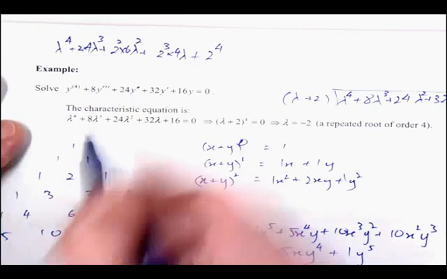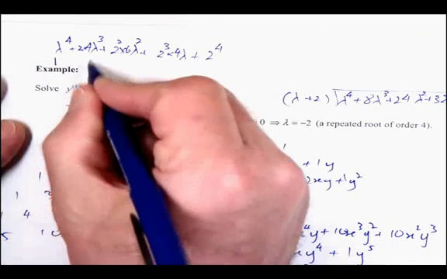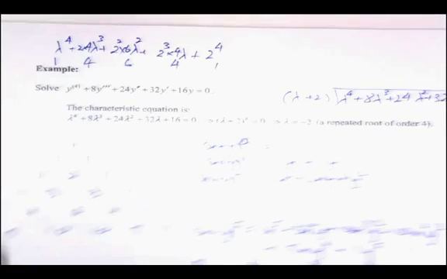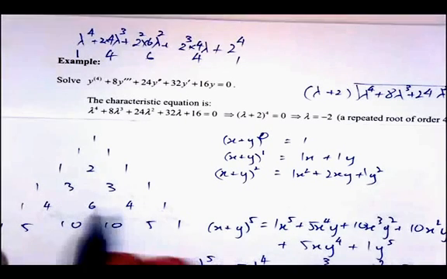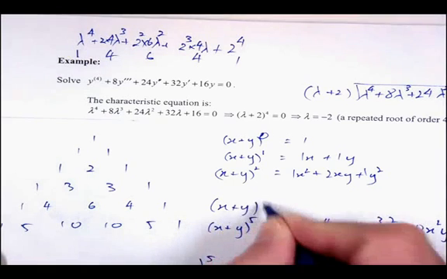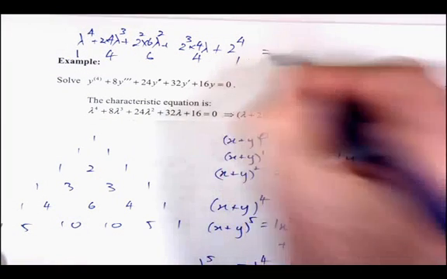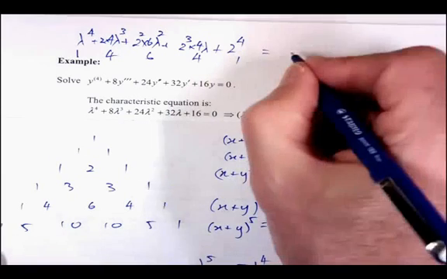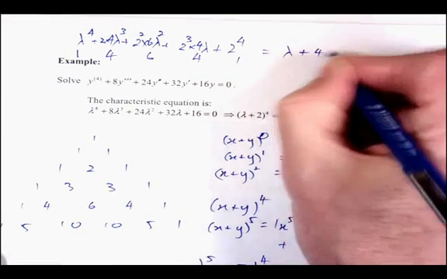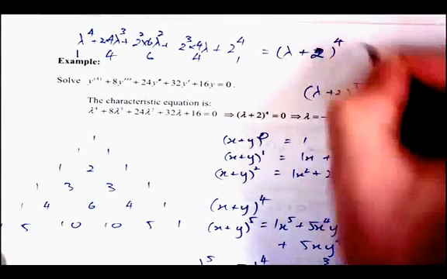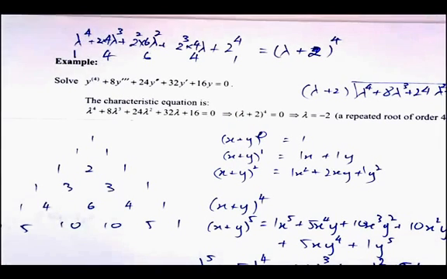And what are the other coefficients? 1, 4, 6, 4, 1, which we recognise as x plus y to the 4th. So this in fact is, with an x of lambda and a y as a 2, this straight off is lambda plus 2 to the power 4 by using Pascal's triangle.